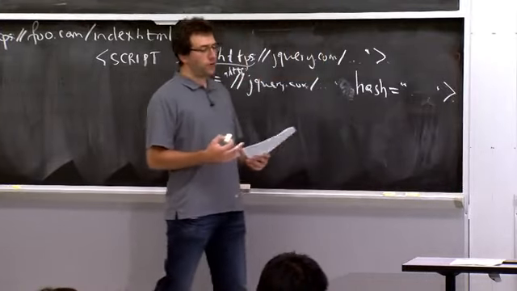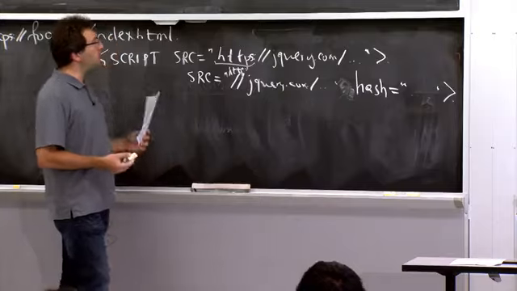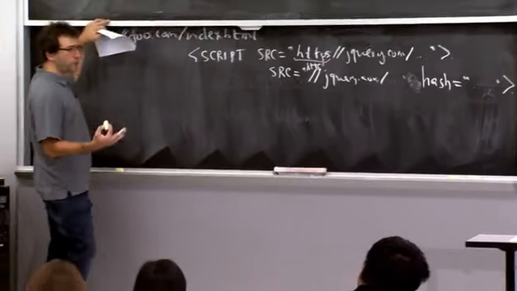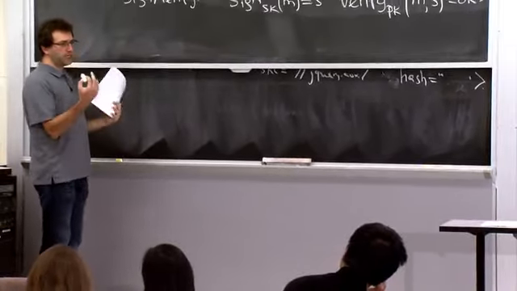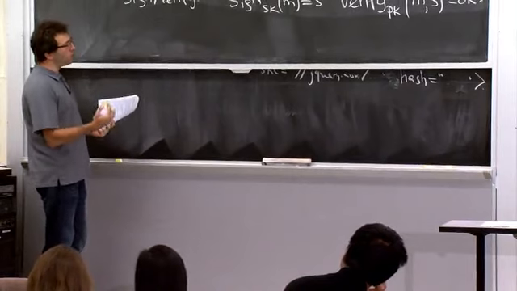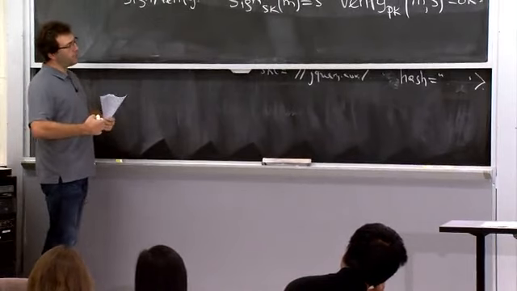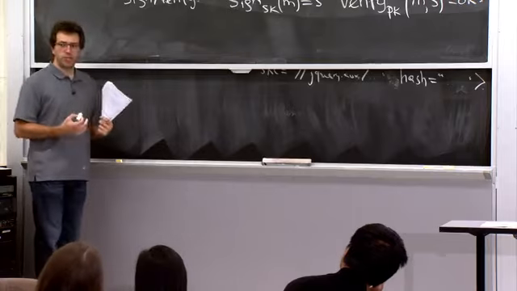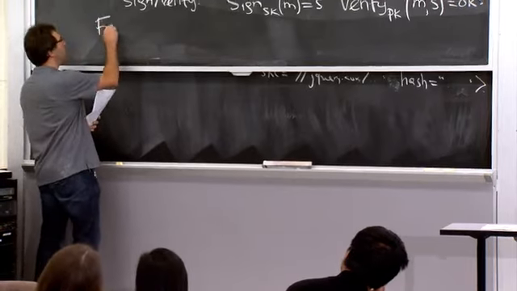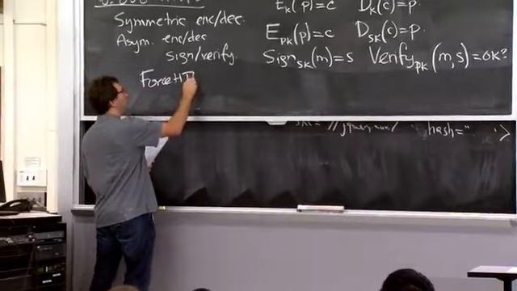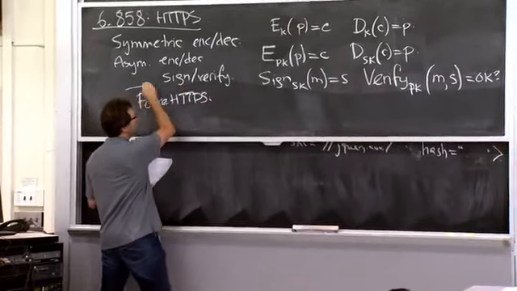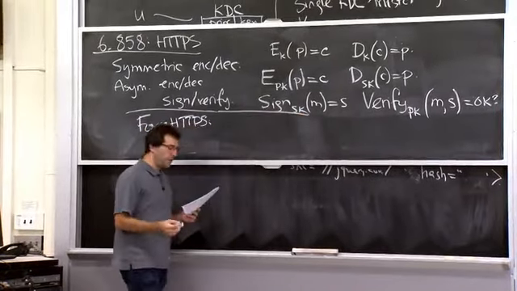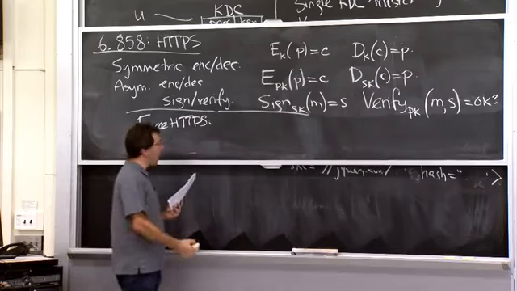But anyway, let's look at what force HTTPS does for a website. Force HTTPS allows a website to set this bit for a particular host name. And the way that force HTTPS changes the behavior of the browser is threefold. If some website sets force HTTPS, then three things happen differently.